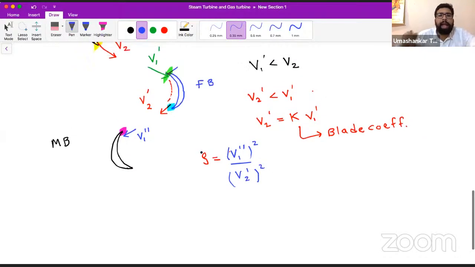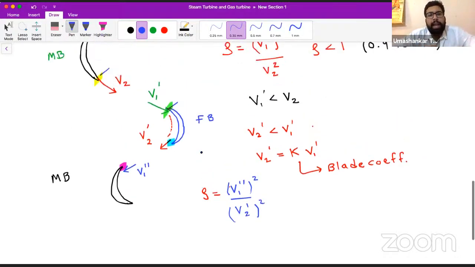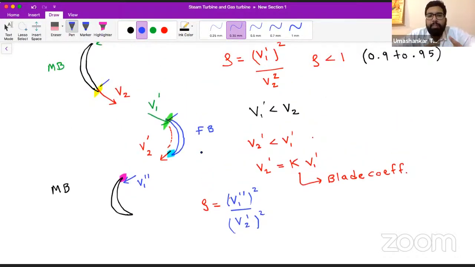As I explained, the steam leaving with a velocity from the previous stage won't reach the next stage of the blades with that velocity only. There will be some loss in between this travel of steam from one blade to another blade.